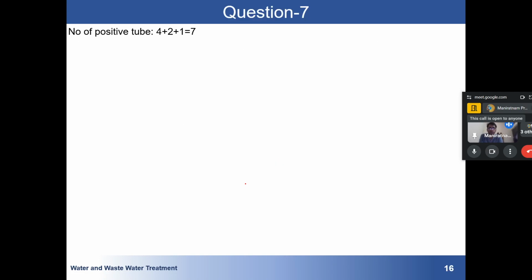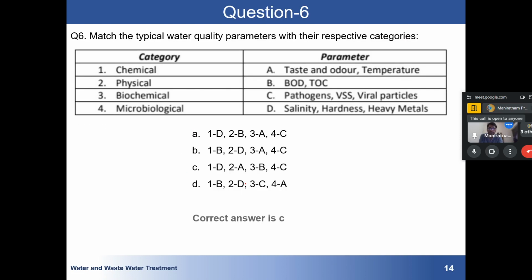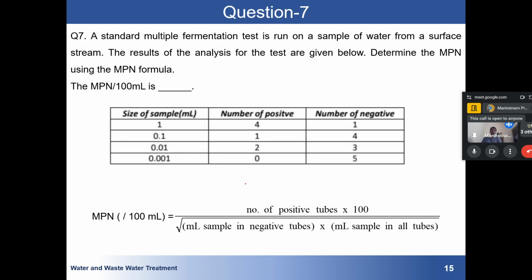Before going to the question, I will discuss this question, where an experiment was done. I have shown you an example of triplicates, but here you can see that they have performed the experiment with five tubes each. When the sample size was 1 ml, four were giving positive and one was giving negative.